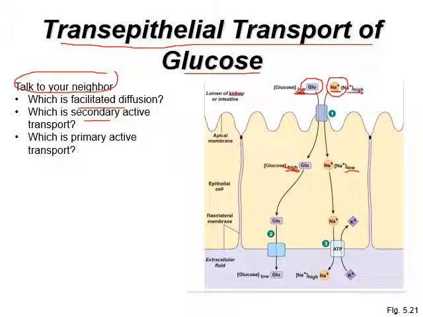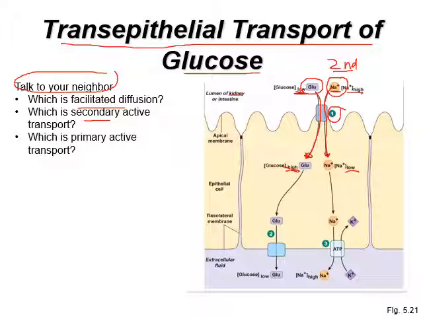And so what does this, number one, look like? What kind of transport would you be talking about? We're using the sodium gradient, the energy there, to move this glucose against its concentration gradient from low to high. And therefore, you would find, right, secondary active transport.